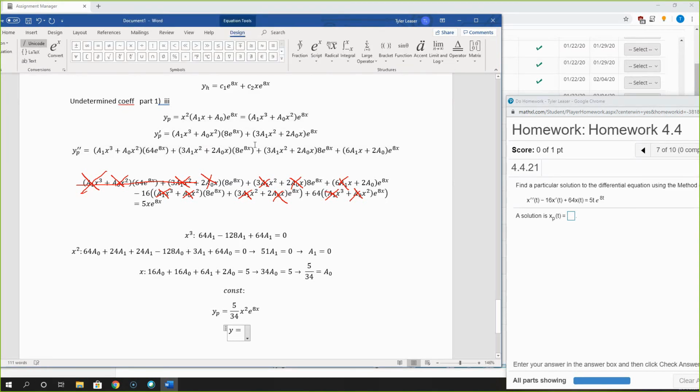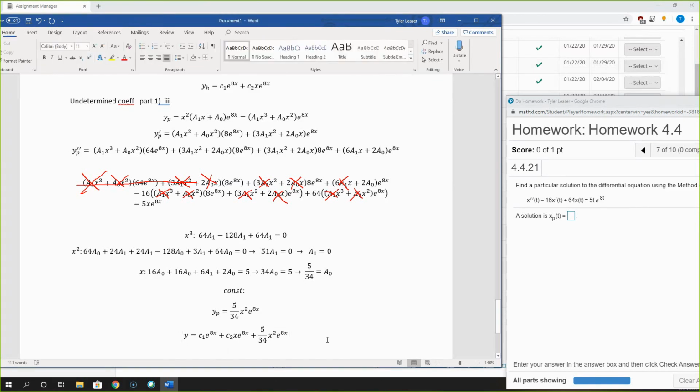So it's going to be the homogeneous solution from up top here, C1 e to the 8x plus C2 x e to the 8x plus 5/34 x squared e to the 8x. So again, just the homogeneous plus the particular. For this particular, we got it from the undetermined coefficients.